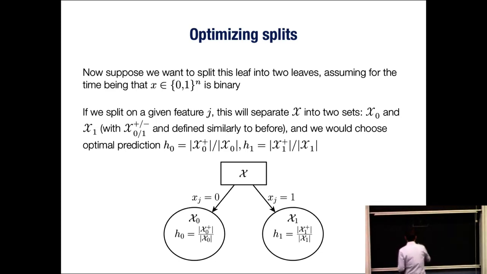But the idea is we're going to pick some x_j, and I'm going to split my space into the set of points where x_j equals 0 and x_j equals 1. And for the time being, I'm going to assume that x is in {0,1}^n, so my features are all binary.